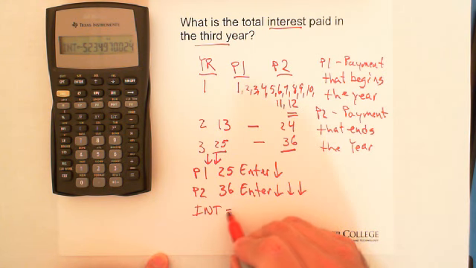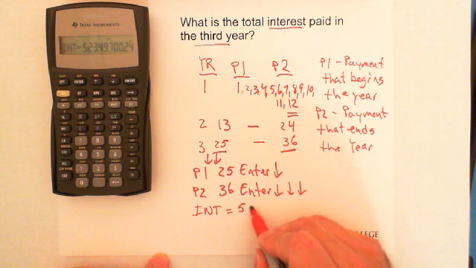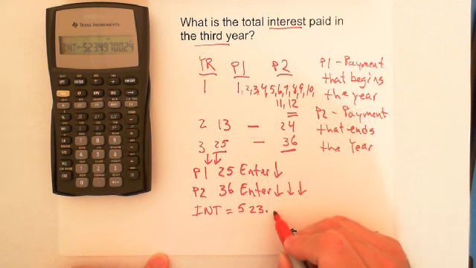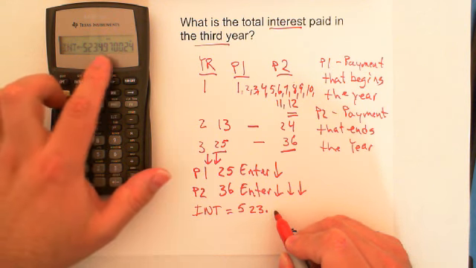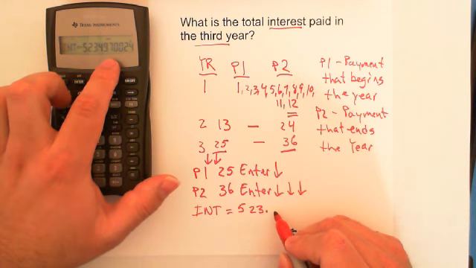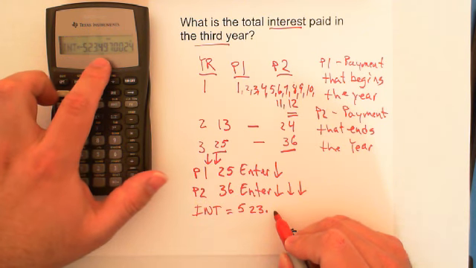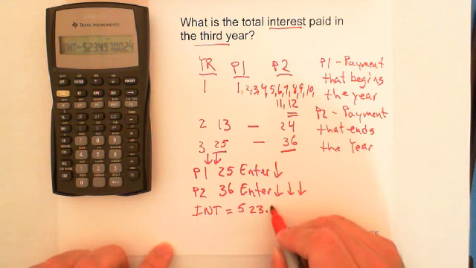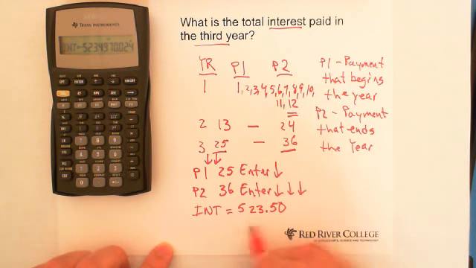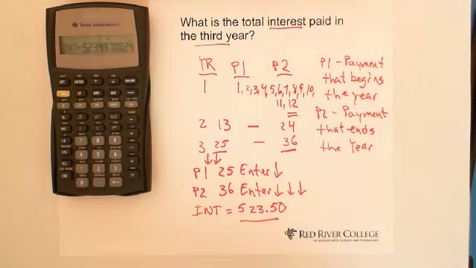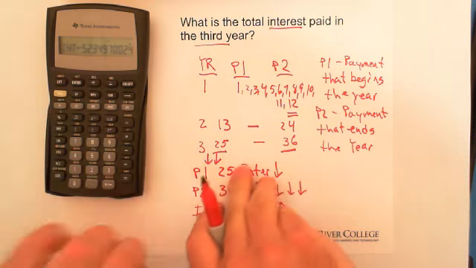So in year 3, we paid $523, and since the third decimal is a 7, that'll round the 9 up to a 0, which will round the 4 up to a 5. So we're looking at $523.50.